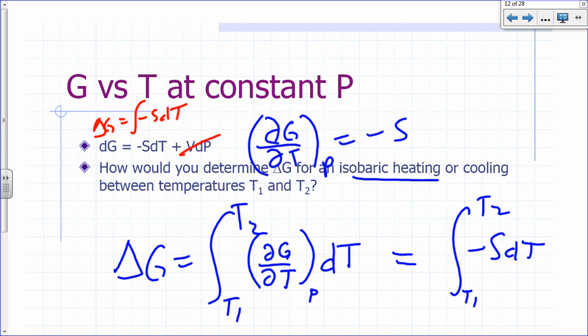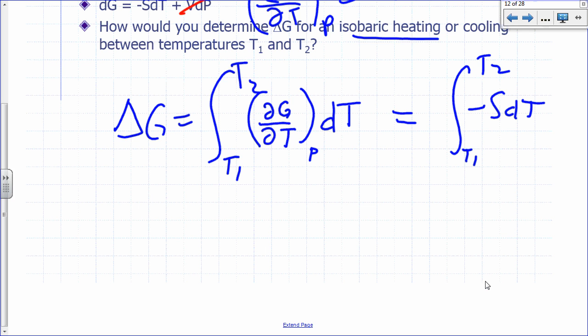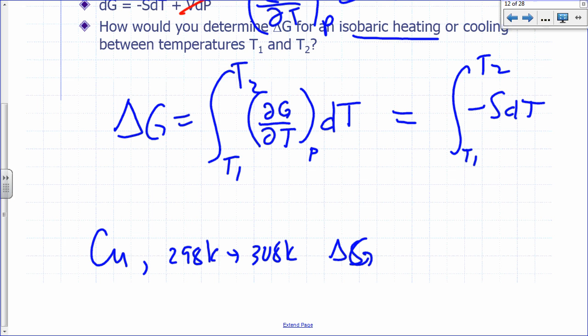So if I gave you a problem like this on the test, what would you have to do? Let's say I told you a piece of copper from 298 Kelvin to 308 Kelvin. What's delta G at constant pressure? What would you have to do? You'd have to look up entropy as a function of temperature, right?